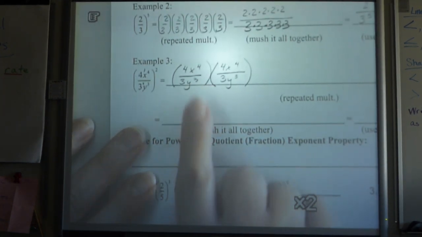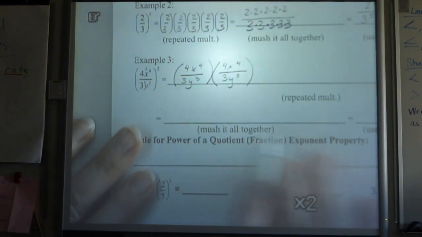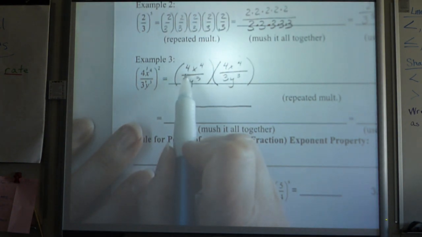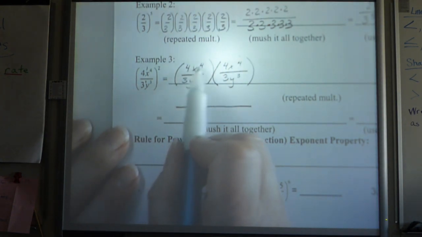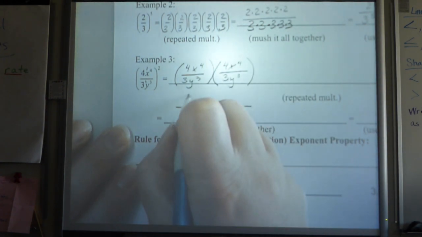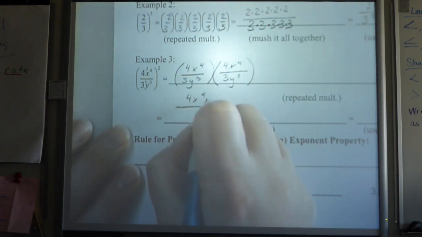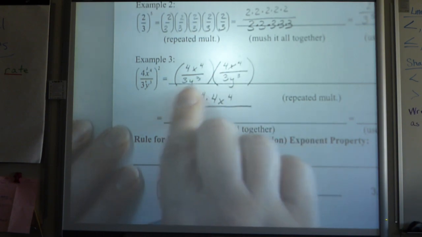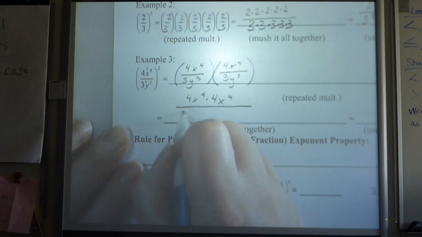Okay, and then removing those parentheses, putting it all together, in our numerator we would have 4x to the 4th times 4x to the 4th, in our denominator, we'd have 3y to the 3rd times 3y to the 3rd.